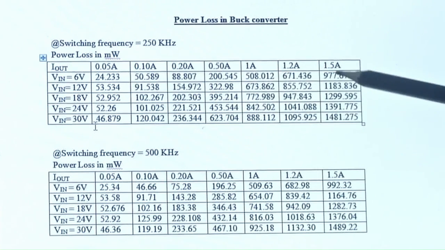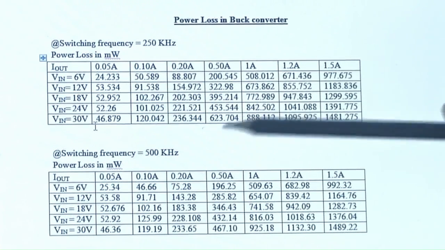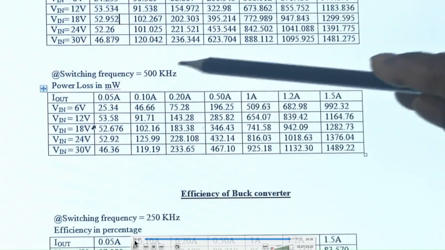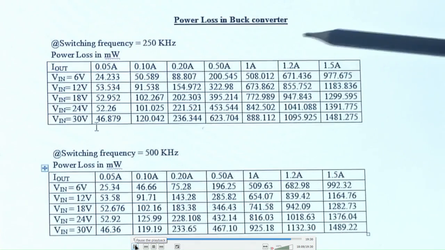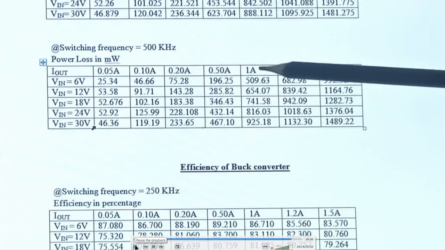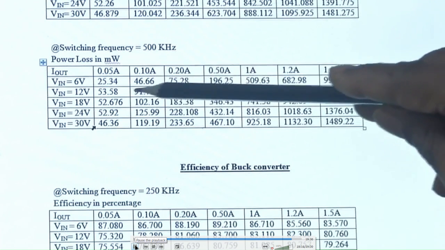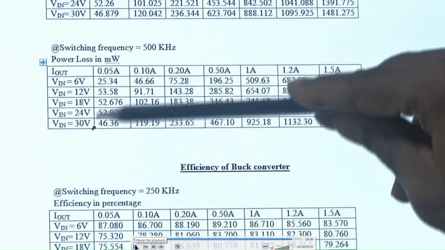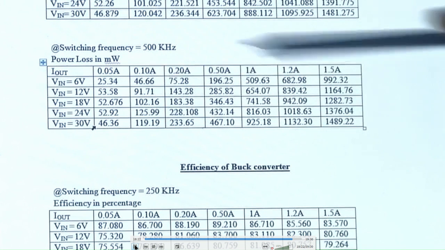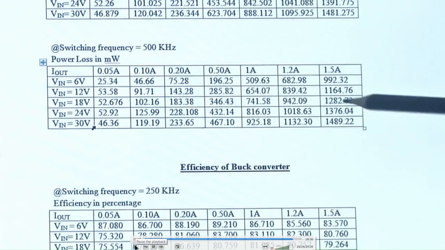You have 977 milliwatts of power loss and 1481 milliwatts for 30 volts. Change the switching frequency to 500 kilohertz, and you get a range of values from 25 milliwatts to 46, comparable to the other one and also quite comparable at the higher currents.